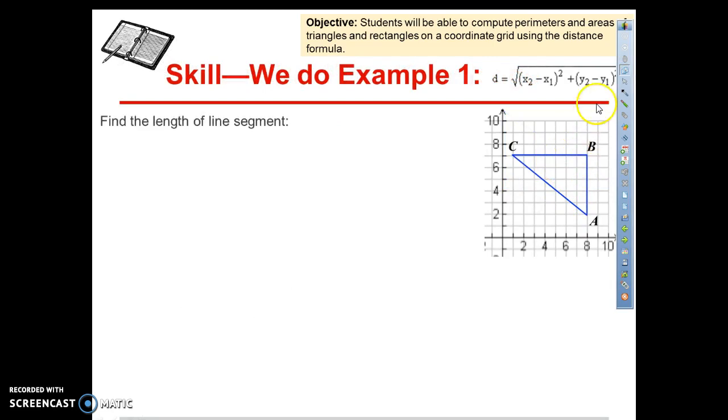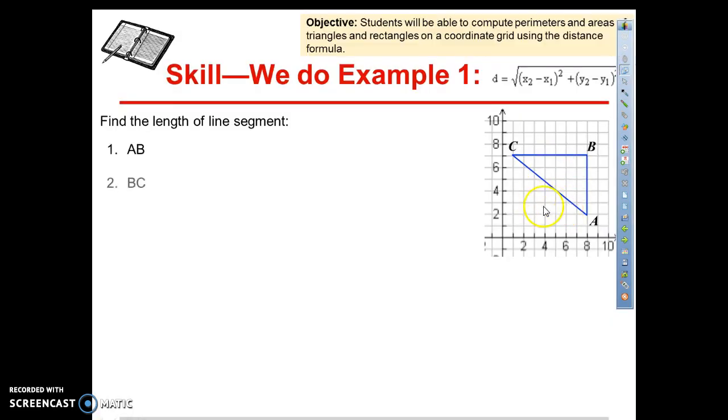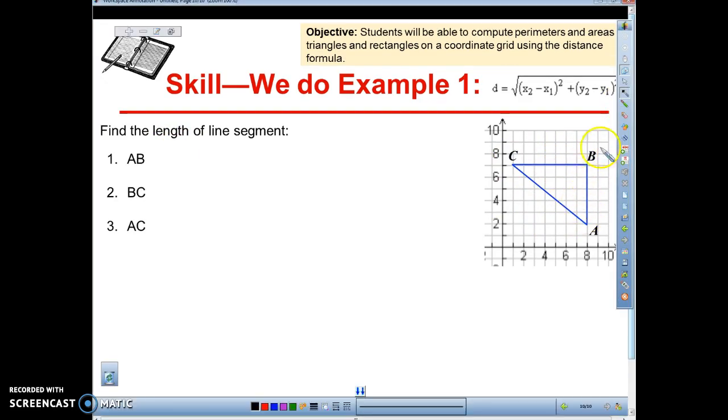Okay, so in order to calculate the perimeter and area of objects, we need to figure out the length of certain line segments. So first we want to calculate AB, which is this distance here. In a coordinate grid, this is very easy because we can just count the units. 2, 3, 4, 5.